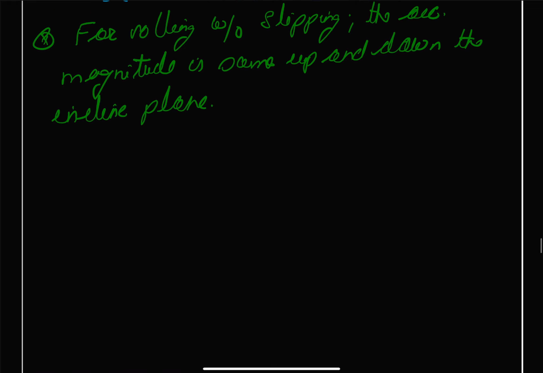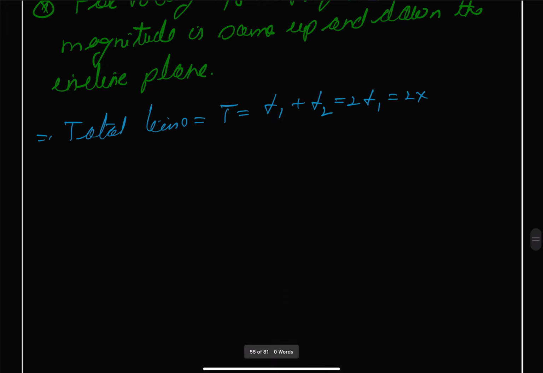And therefore total time, that is of capital T, will be equal to T1 plus T2. Okay, T1 is down the inclined plane, T2 is up the inclined plane, which is same, so this comes as twice T1 and will be equal to 2 times 0.28.